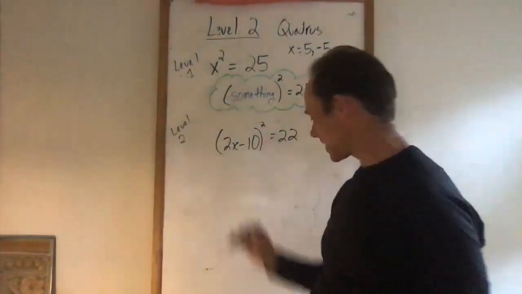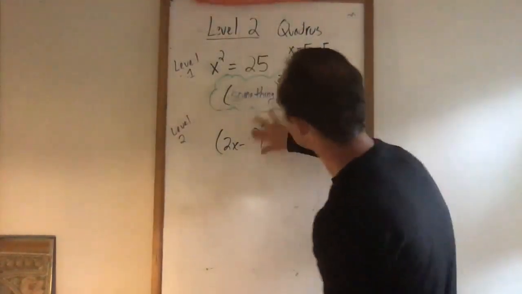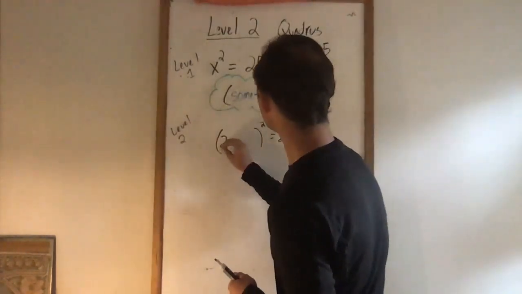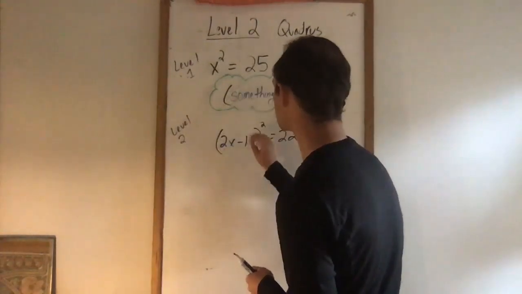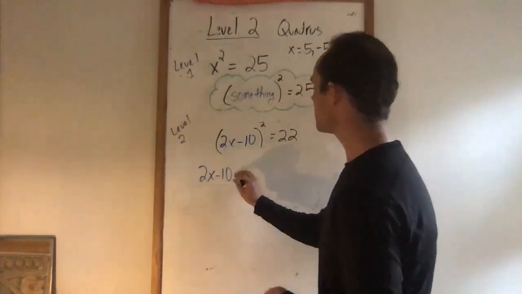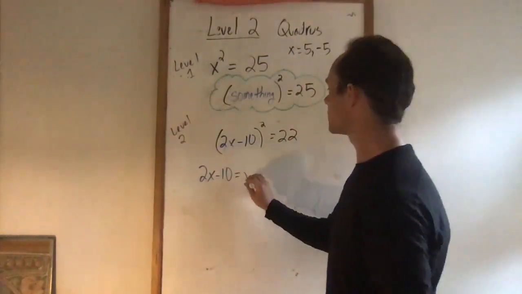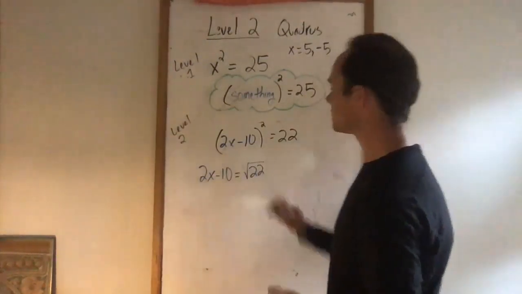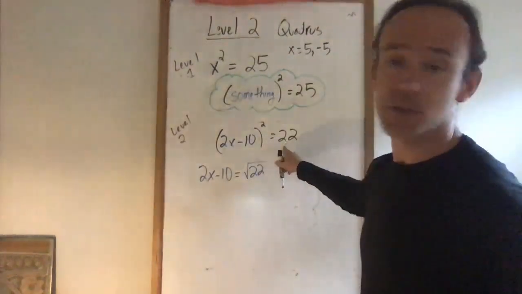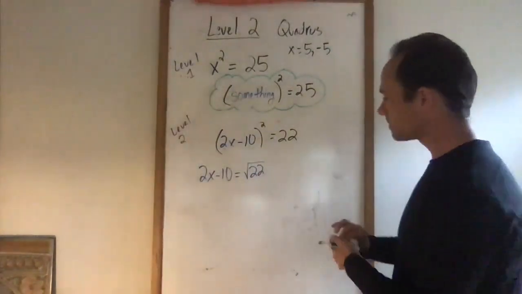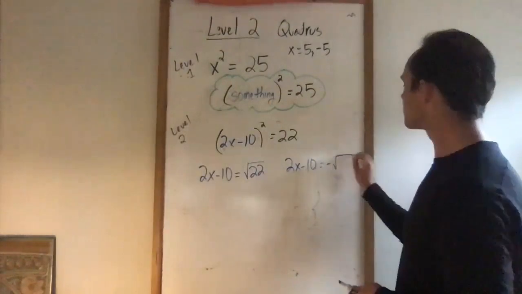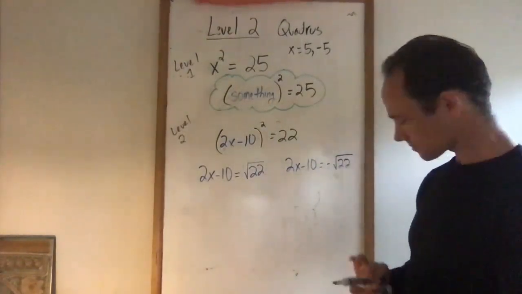So the something, which is in the parentheses, I'll make it blue as well. So this is the 2x minus 10. That something has to be either the square root of 22 or negative the square root of 22, because that's not a perfect square for us here.